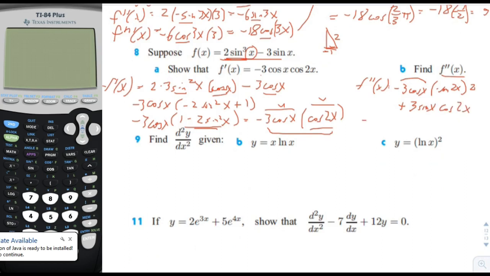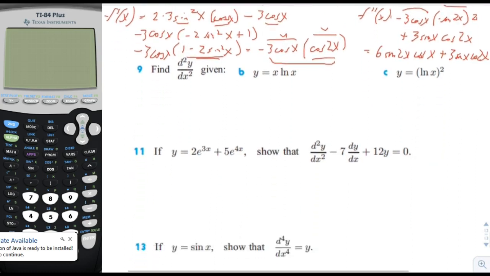Okay, so the result is we have 2 negatives here, so this turns into a positive. So simplifying, we'll have 6 sine 2x cosine x plus 3 sine x times cosine 2x.